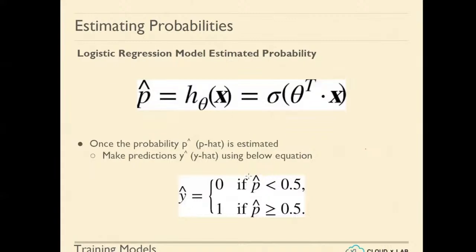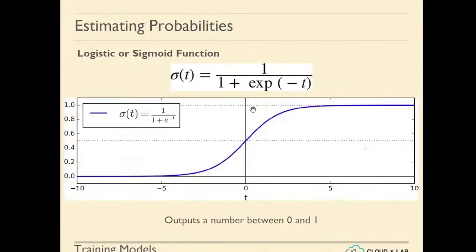If the output probability is less than 0.5, which means the negative class, the label is 0. If the output probability is greater than 0.5, which means positive class, else negative class, right?